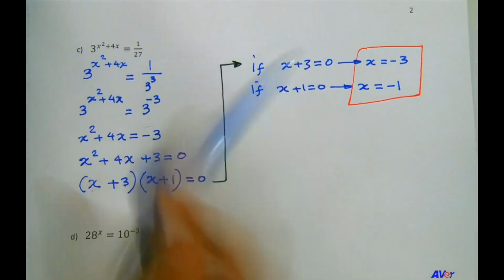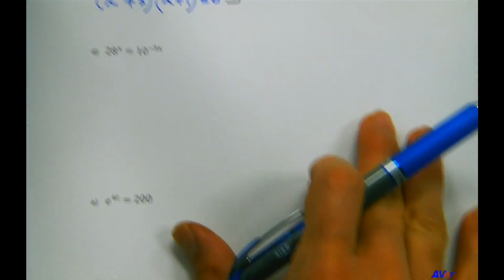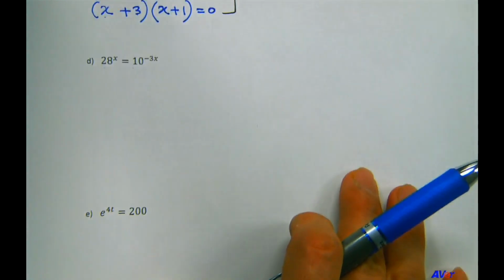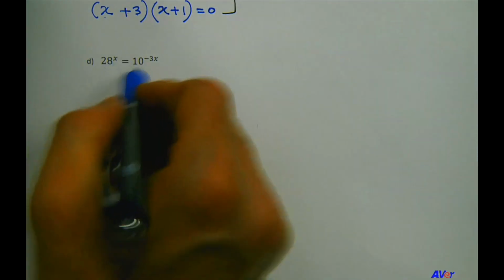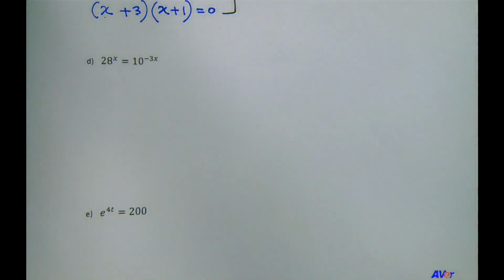Can we use that technique here? We certainly cannot, because 28 and 10 cannot be written with the same base and different powers. So then what can we do?